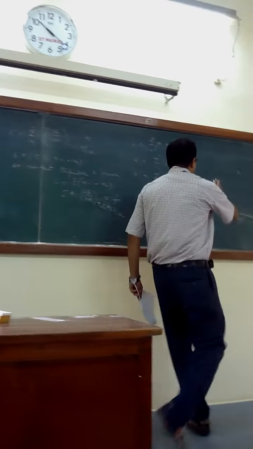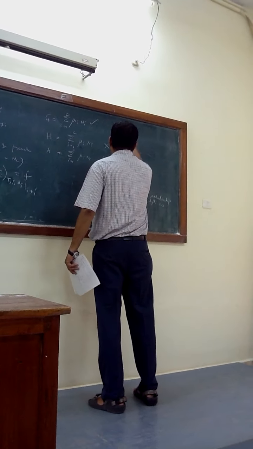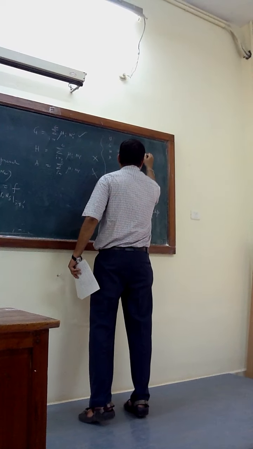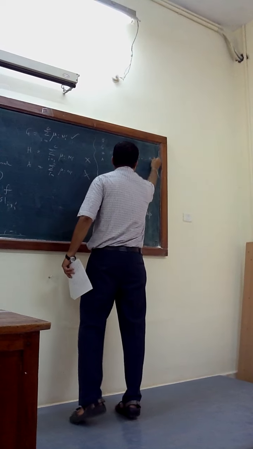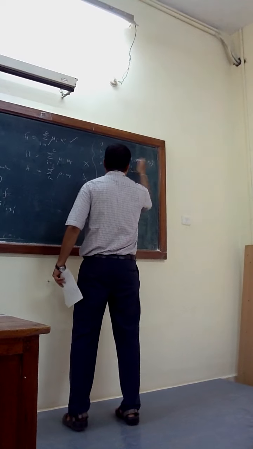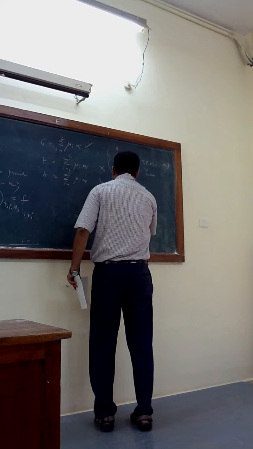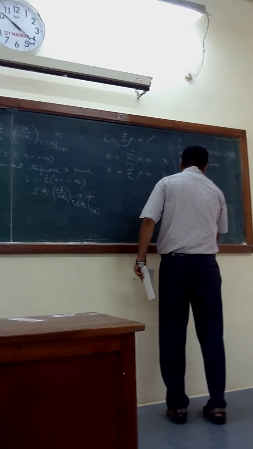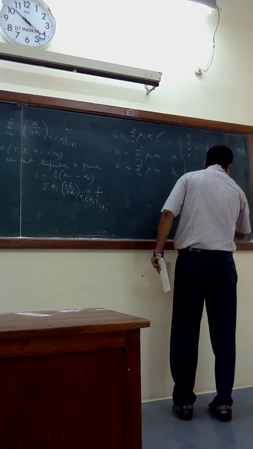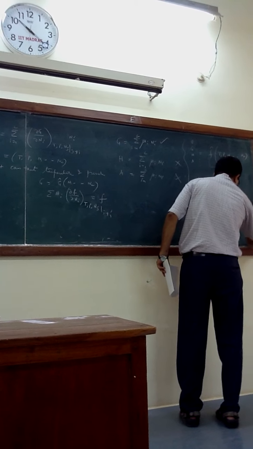My objective is to write G, H, A, U as a function of T, P, N1 to NC. If T and P are constant, you can treat them as constant, so it will be nothing but a function of N1 to NC. So what will be my U? What will be my H? What will be my A? And G, of course, you know: summation i equals 1 to C of ∂G/∂N_i at constant T, P, N_j, j not equal to i, times N_i.